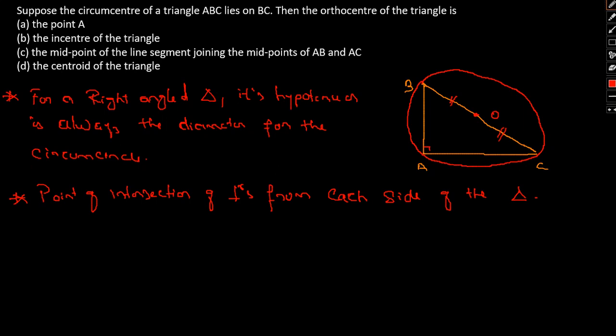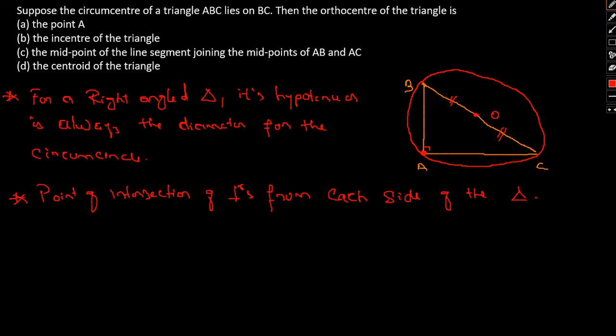So that is exactly what the orthocenter would actually mean. So here we can already know that as far as AB and AC are concerned, they are already perpendicular to each other. So the perpendicular intersection would simply be at point A.